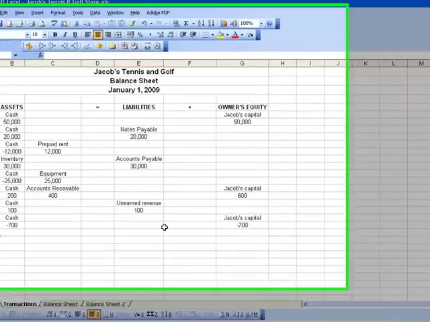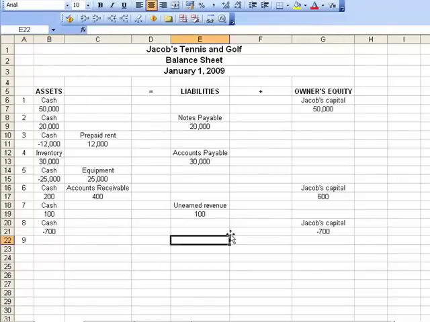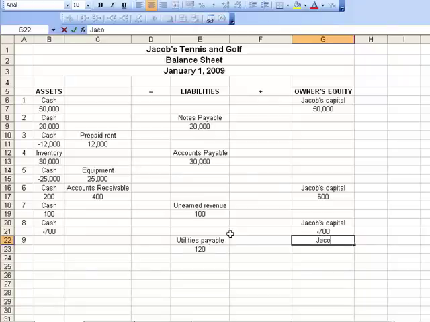So first we label this transaction as 9. We didn't pay it with cash, and we decided to pay it in February. But we have a liability, utilities payable, for 120, and we also recognize this expense, even though we haven't paid by cash, as a decrease in owner's equity.